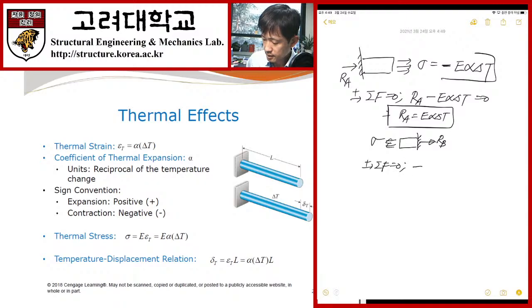So minus, and the minus E alpha delta T. Oh, by the way, I need to multiply cross-section area. Sorry about it. A. And then the cross-section area plus RB is equal to 0. That's why we can determine the reaction very easily. This is equal to minus E alpha delta T times cross-section area.